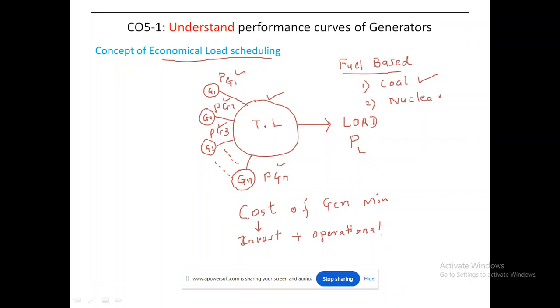Here we are considering only operational cost or running cost for doing this economical load scheduling.